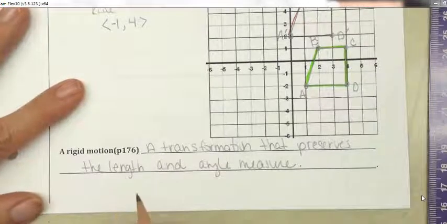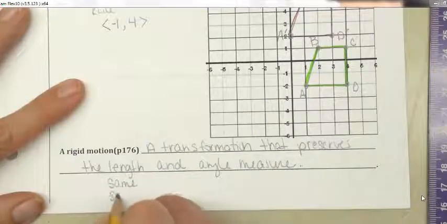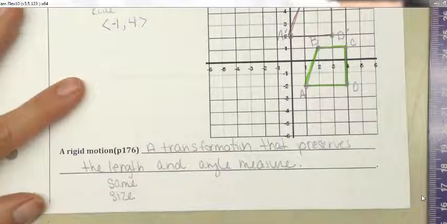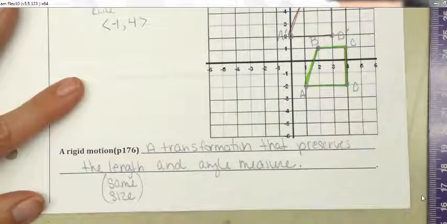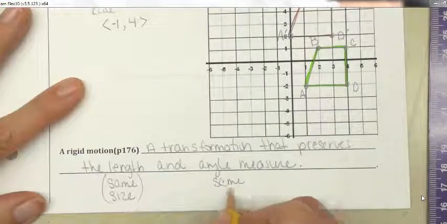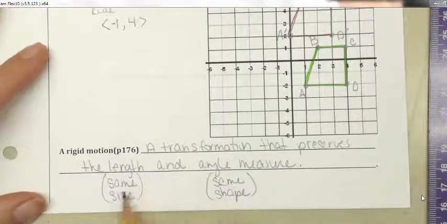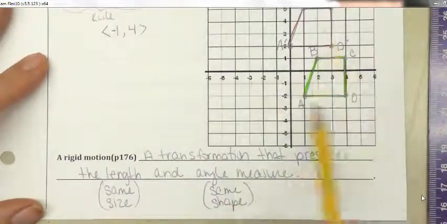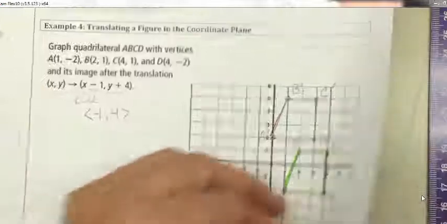Length means that everything stays the same size, right? If we're preserving the length, everything stays the same size. If we're preserving the angle measure, then everything stays the same shape. So we had 3 transformations that did this. One of them is translations. What are the other 2? Hopefully you remember. It's going to be reflections and rotations.